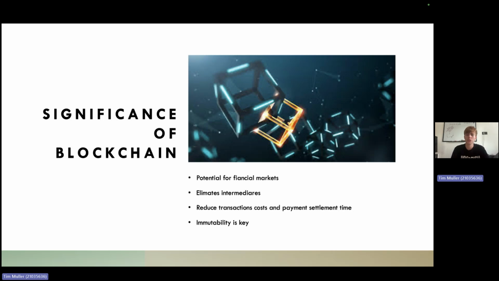The significance of the blockchain. The blockchain has great potential for the financial markets. The best part is that it is a really secure network and it eliminates intermediaries. This results in lower transaction costs, because intermediaries mean more fees, and payment settlement time also gets reduced, because there are no intermediaries that need to validate.